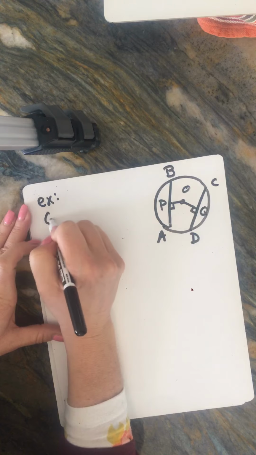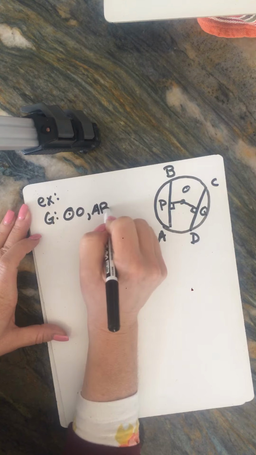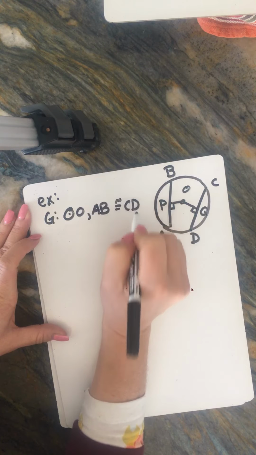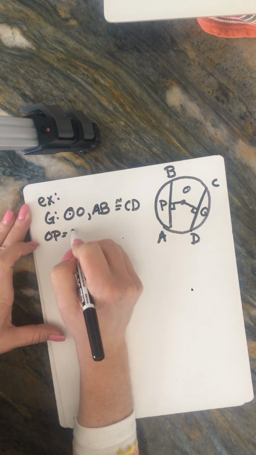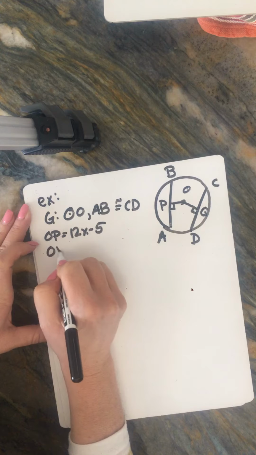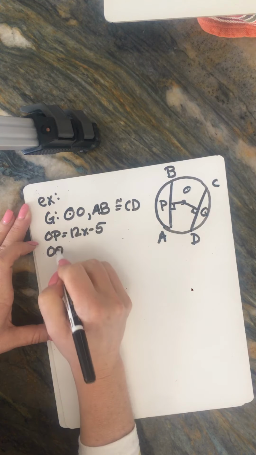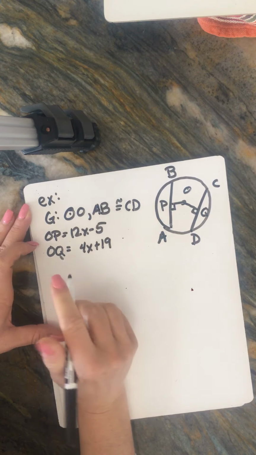Okay, so we are given circle O, and that AB is congruent to CD. We also know that OP equals 12x minus 5, and OQ equals 4x plus 19.